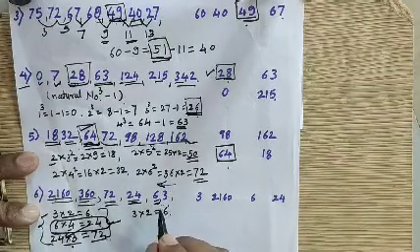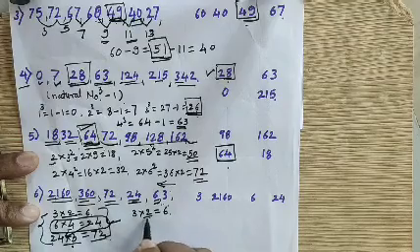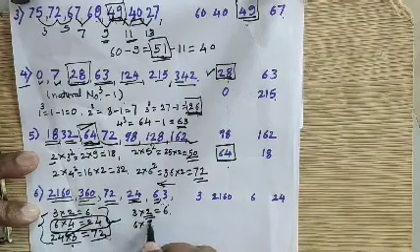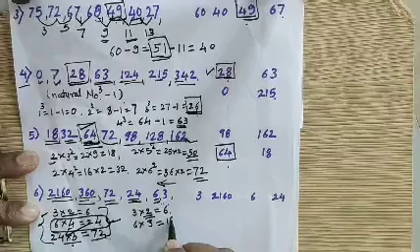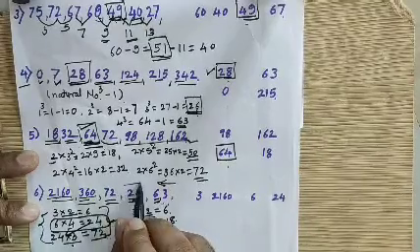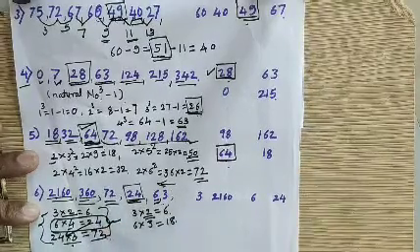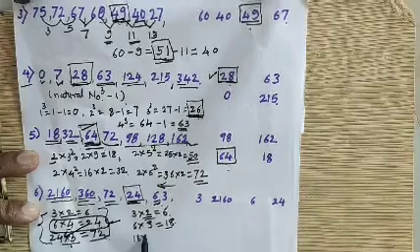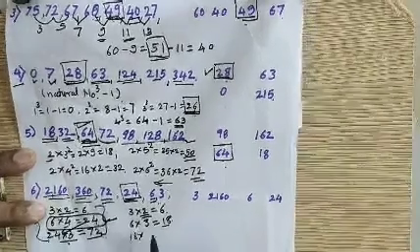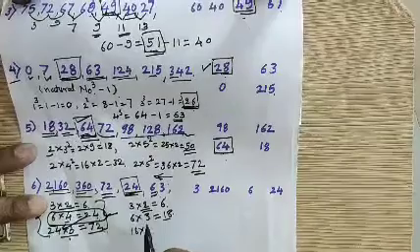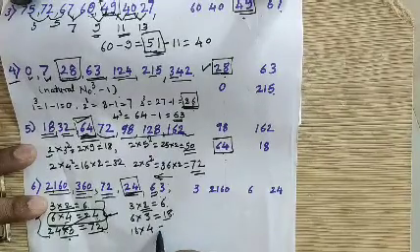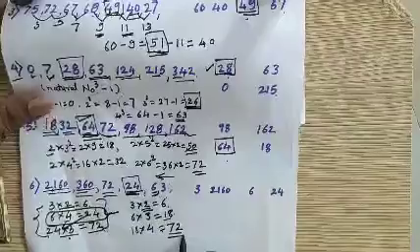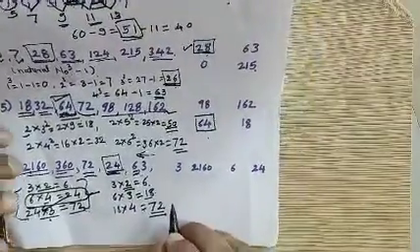The next term we find, if we multiplied by 3, 6 into 3 we get answer 18, but here we have 24. If we continue with this pattern, that is 18 into 4, we get answer 72.